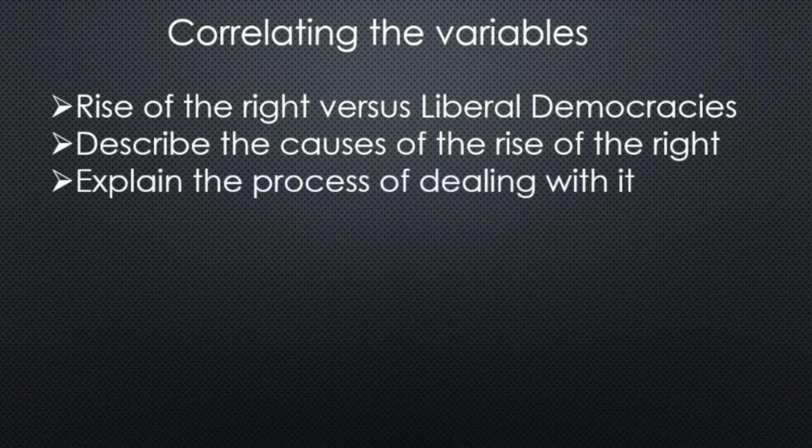Next, we have to explain the process of dealing with it, which is the second question, which was beginning with how. Once you have done that, all you need to do is then conclude your answer, and there you go. You have a very rough outline of what your answer should look like.